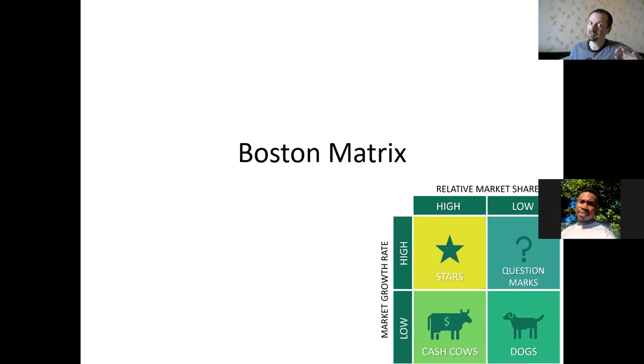We are building this matrix for one company, but from this matrix it will be possible to get information about the main competitor for every strategic business unit of this diversified company. It's not a mistake.